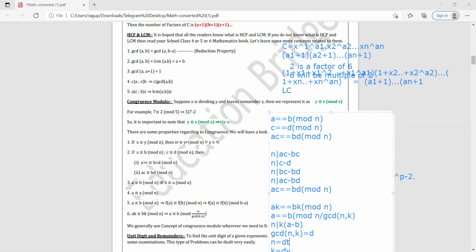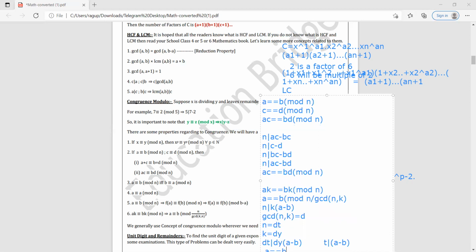We also know that t and y are co-prime because GCD of n and K is d. So if they're co-prime, t cannot divide y, so it has to divide A minus B. So A is congruent to B mod t.